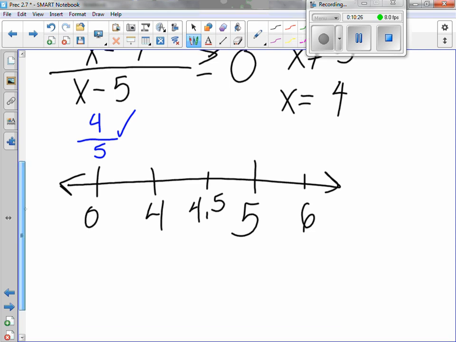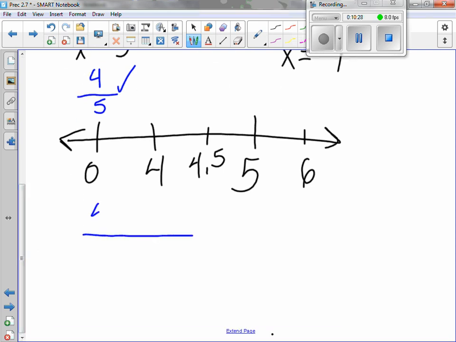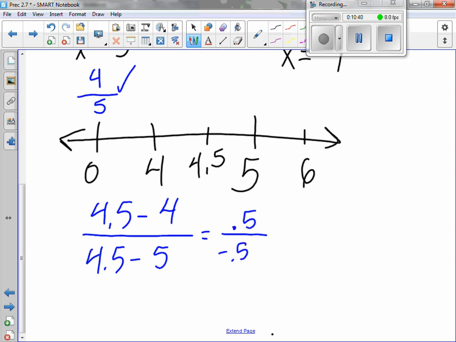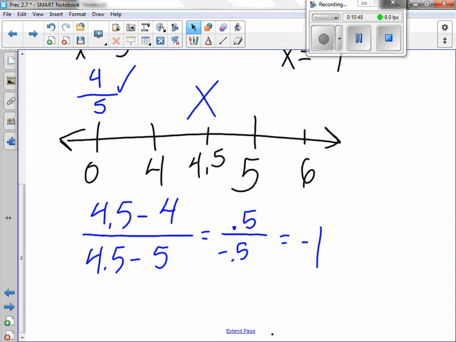4.5. This one will need a little bit more math, because we'll have 4.5 minus 4 over 4.5 minus 5. That's 0.5 over negative 0.5, which is negative 1. Then 6.